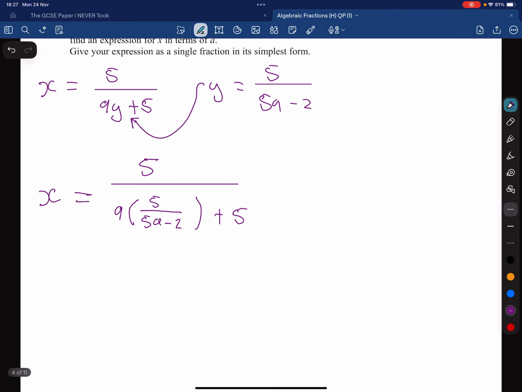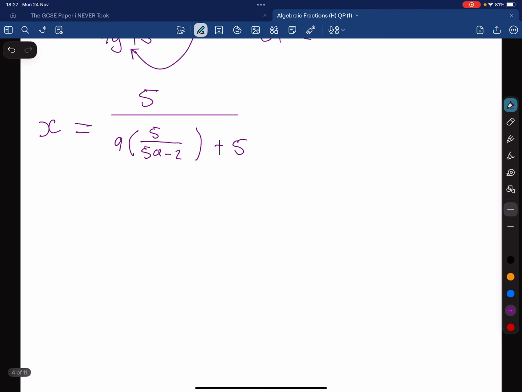Okay? So, next step, let's turn this into its own fraction. Well, let's expand that a little bit. So x is then 5 over 5 times 9, 45 over 5a minus 2 plus 5.